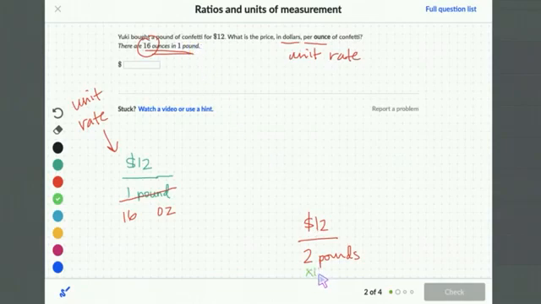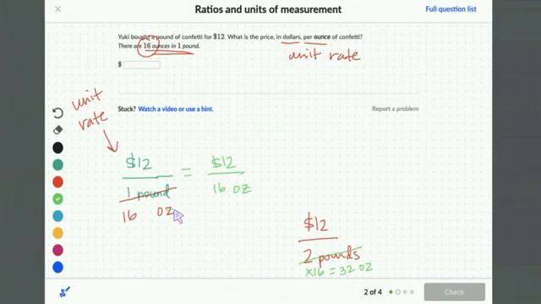So it would be 2 times 16. Okay, so then that would give you 32 ounces. So right now it's 1 pound. 1 pound has 16 ounces. So this is the same as saying it's $12 for 16 ounces.